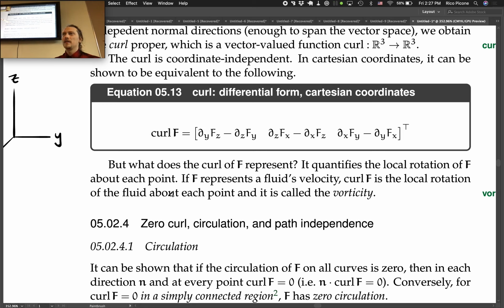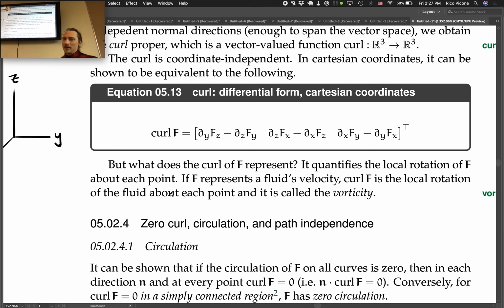So f is a vector-valued function or a vector field. Remember, we had the divergence, which was the local field balance, right? Out minus in of the field.